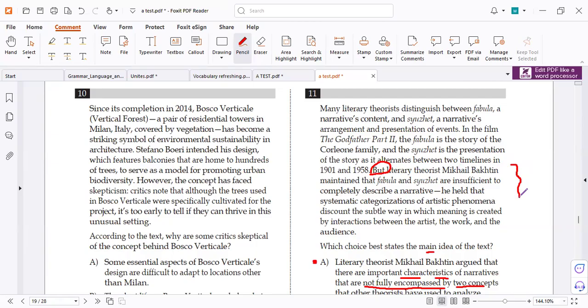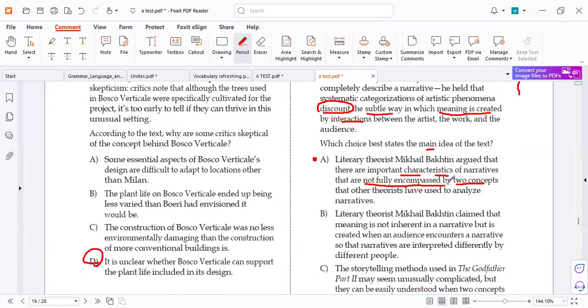Yes or no? Look, systematic categorizations of artistic phenomena discount, they ignore, they didn't include the subtle way in which meaning is created by interactions. So people do not include these ideas in their narratives. So he said that there are many characteristics not included by narrators. You feel it? So this means the letter A main idea.